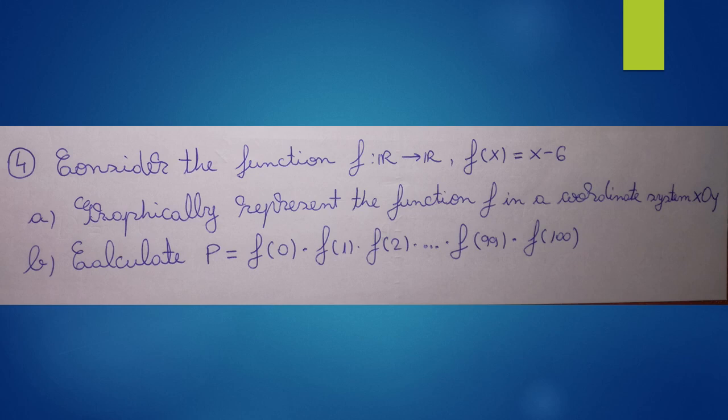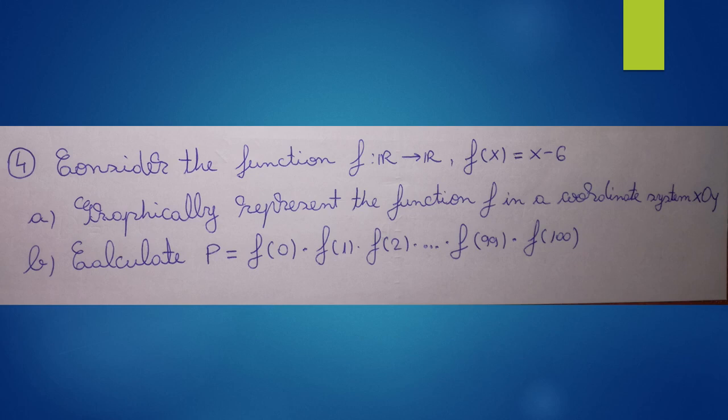Exercise number 4. Consider the function f defined on the set of real numbers with values in the set of real numbers. F of x is equal to x minus 6. Point A. Graphically represent the function f in a coordinate system x, y.